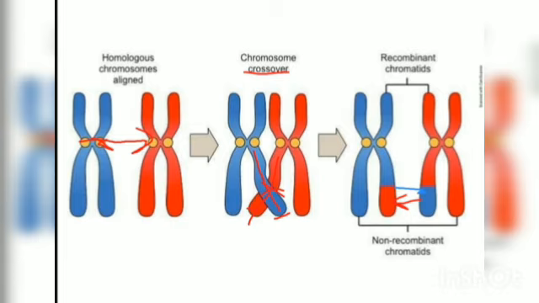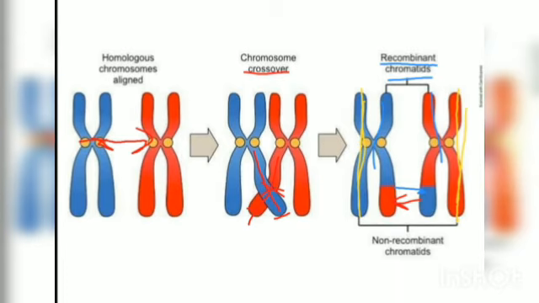So now we can say this chromatid and this chromatid are the recombinant chromatids. Besides these two, you have another chromatid and this chromatid. These are called non-recombinant chromatids because they have not crossed over each other. That means crossing over has not occurred between these two chromatids.